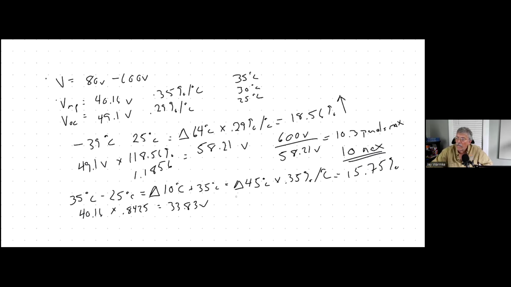Well, 80 divided by 33.83, and I can just look at that and know we need at least 3 panels minimum. So our string needs to be somewhere between 3 panels minimum and 10 panels maximum, right?